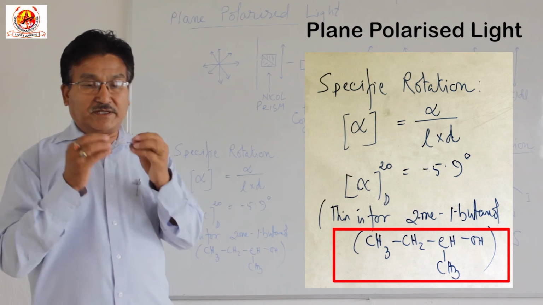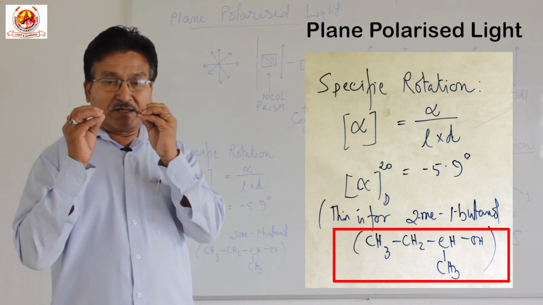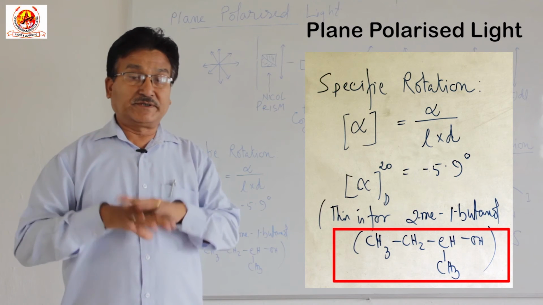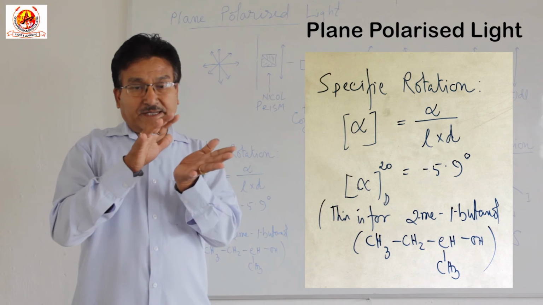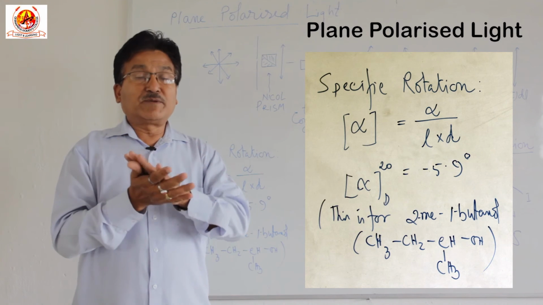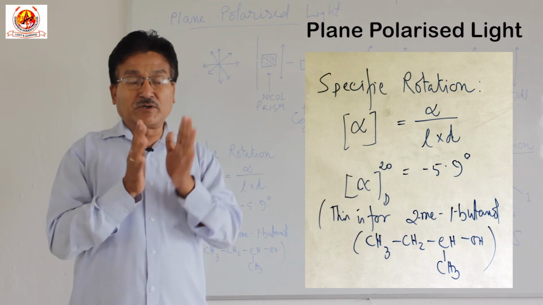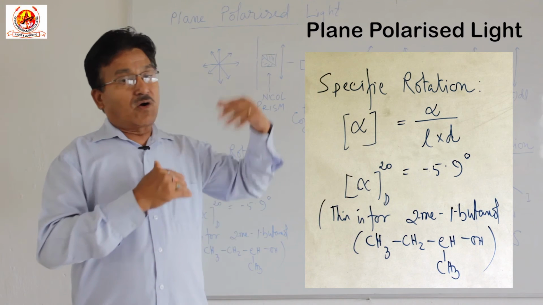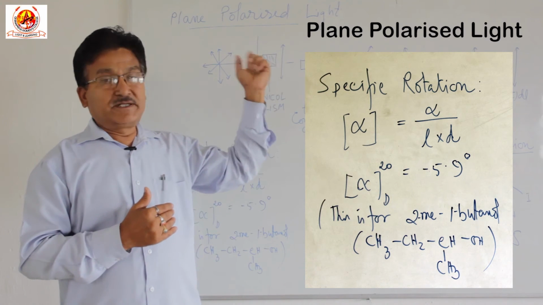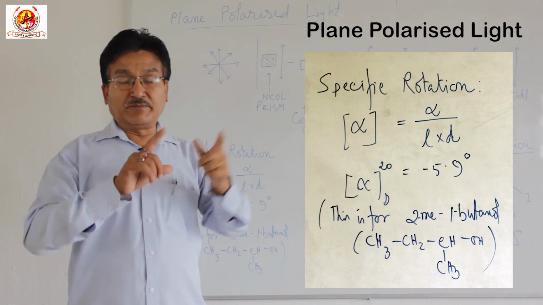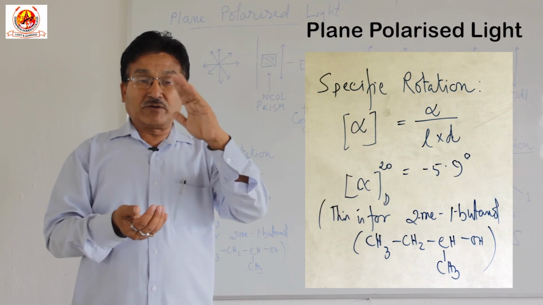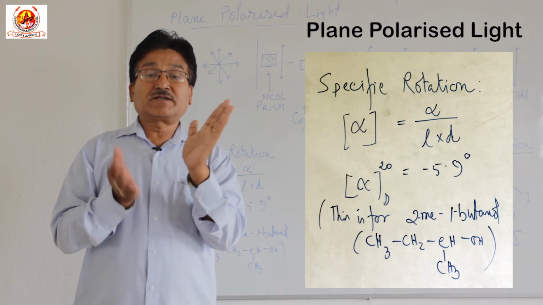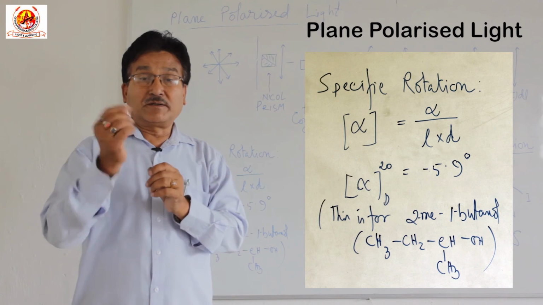Different compounds and different molecules absorb different amounts of this light, and they will try to rotate the plane polarized light. If they rotate the plane polarized light to the right, it is D or positive. The D means dextro, on the right side, and if they rotate to the left side, it is called levo or negative.